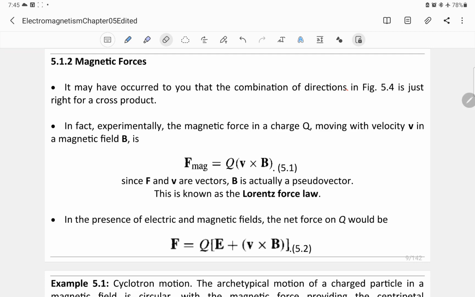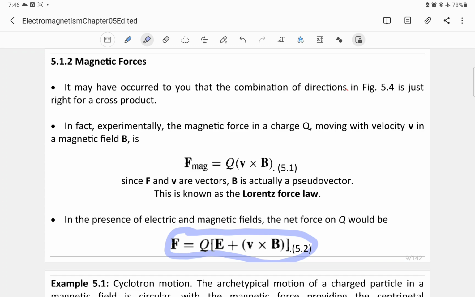In the presence of electric and magnetic field, the net force on Q would be this, because the charge would naturally exert electric field, and if it is moving, it would now be exerting magnetic field.